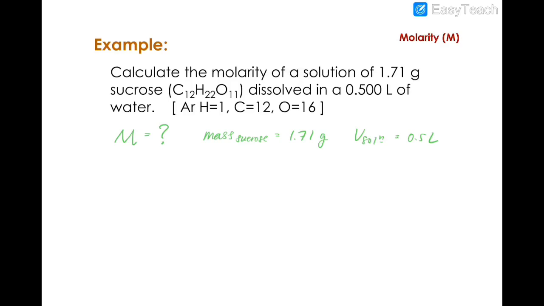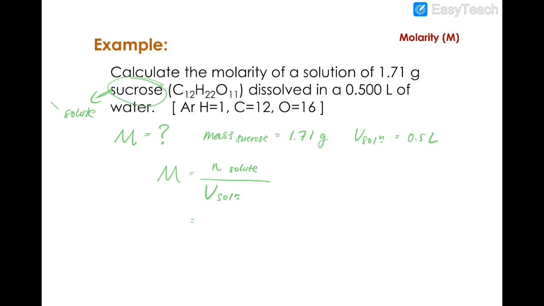So molarity, as you know, molarity is equals to mole of solute. So in this case, your sucrose is actually your solute. Okay, so now kamu akan perlukan mole of solute and then divide by volume of solution. Jadi yang kamu dah ada sekarang adalah volume of solution, tapi mole of solute kamu tak ada lagi. But then given to you adalah mass of sucrose.